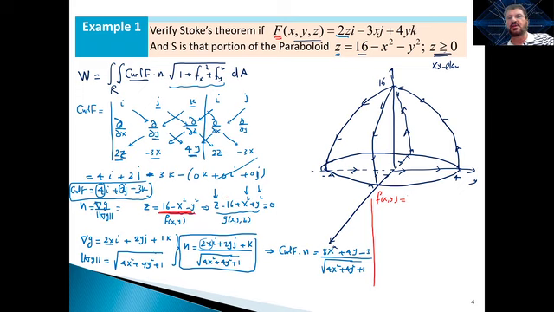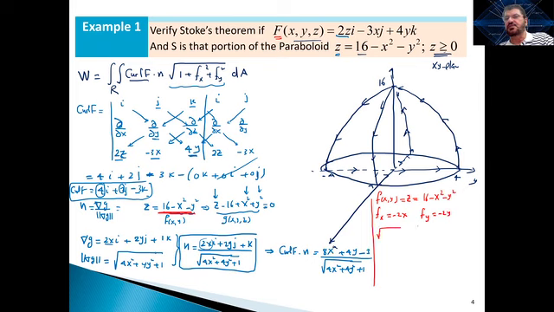It's the z, which is equal to 16 minus x squared minus y squared. This is our surface, the dome that you see there. The partial derivative of this with respect to x is minus 2x. The partial derivative with respect to y is minus 2y.